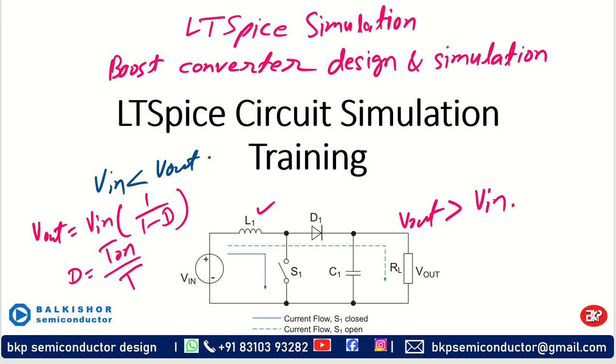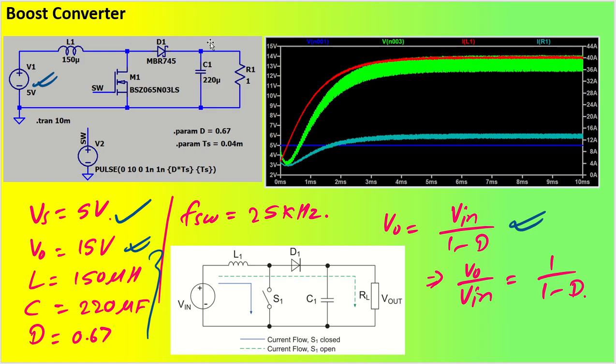As you can see, let us say we have designed this boost converter in LTSpice with an input voltage of 5 volt, and we want the output voltage to be 15 volt. By putting the duty cycle 0.67, you are going to get V output equal to 15 volt.